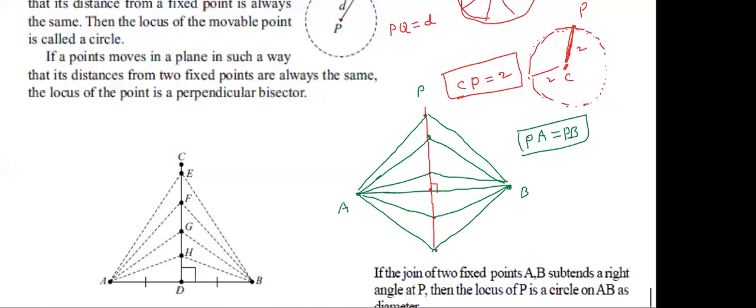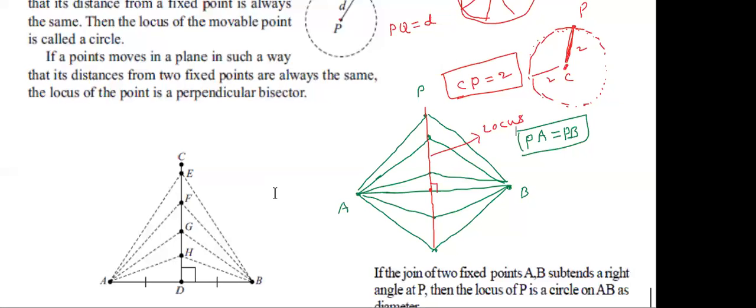Yes or no? Now once again see here. If a point moves in a plane in such a way that its distance from two fixed points is always the same, the locus of the point is the perpendicular bisector. This red line is called locus. The locus is the perpendicular bisector. And already the diagram is there.